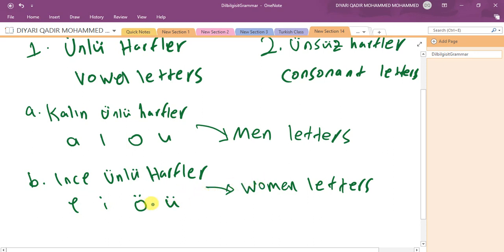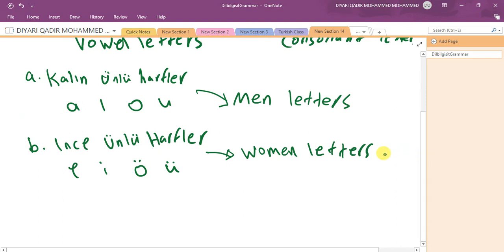So that's why we call this category men letters and this category women letters. These are very fundamental to Turkish grammar. You have to remember these letters very well and memorize them as soon as possible. A, o, u, e, i, ü. These are very important.